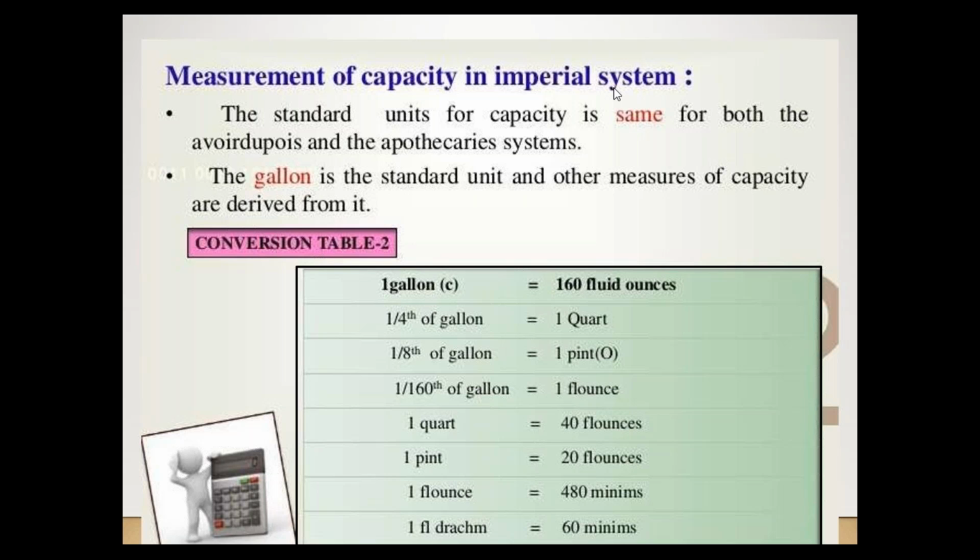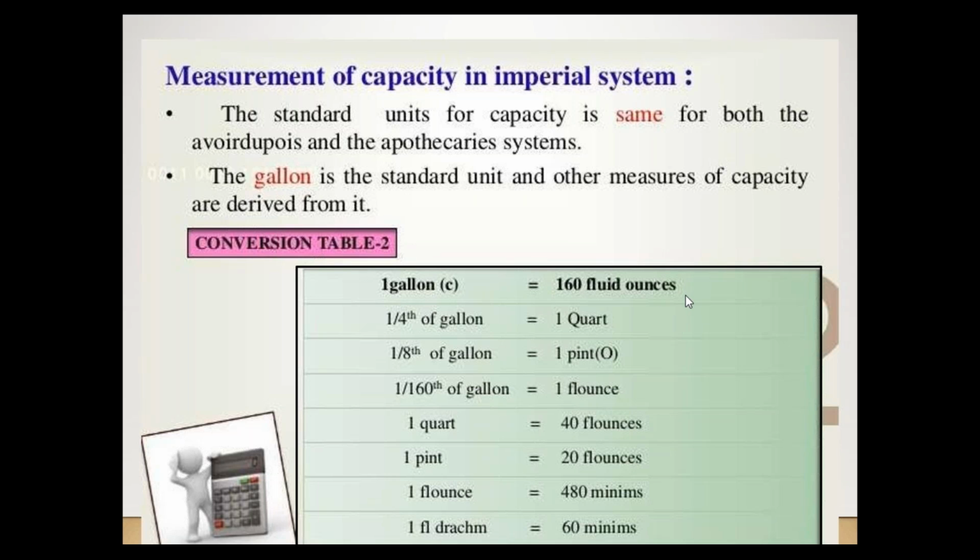In measurement of weights, in avoirdupois you had the pound, and in apothecary you had the grain. Whereas in measurement of capacity, it is the gallon, which is common for both systems. From the gallon, we get the other measures of capacity. So 1 gallon, denoted by C, is equal to 160 fluid ounces.